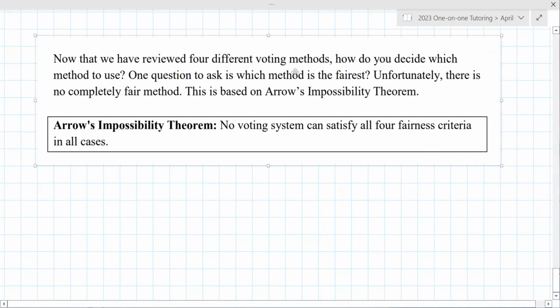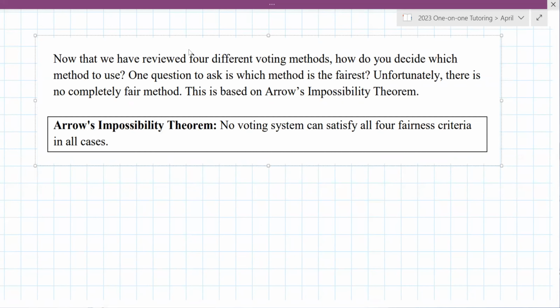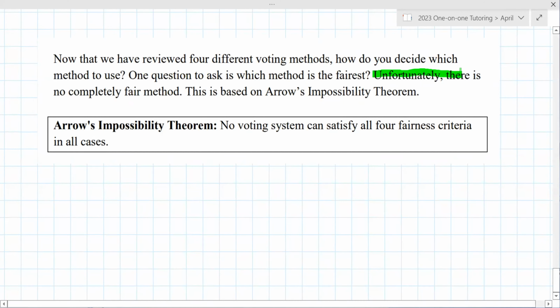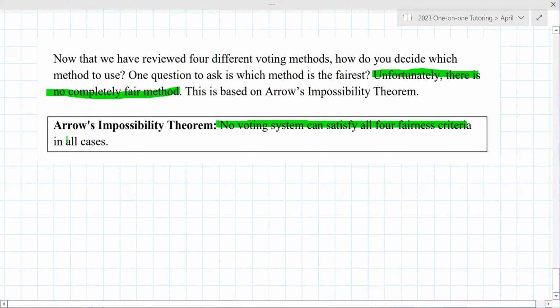One question is to ask which method is the fairest. And this is the part that I wanted you to read or see. Unfortunately, there is no completely fair method. I take that to mean there's no way to get the same outcome from all different voting systems. And that's what this says: no voting system can satisfy all 4 fairness criteria in all cases.